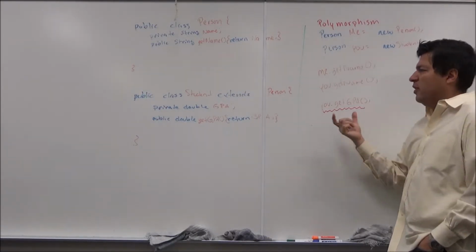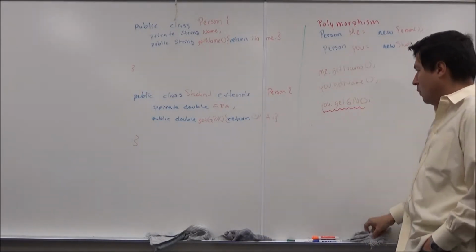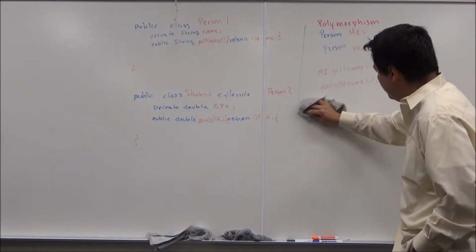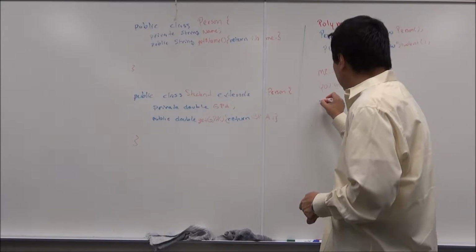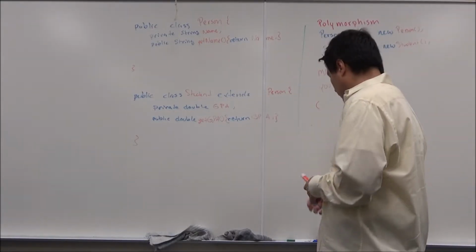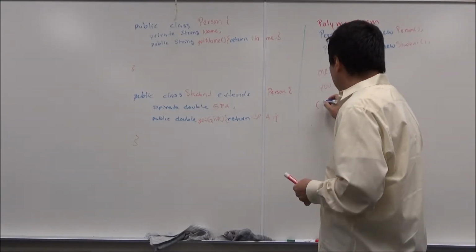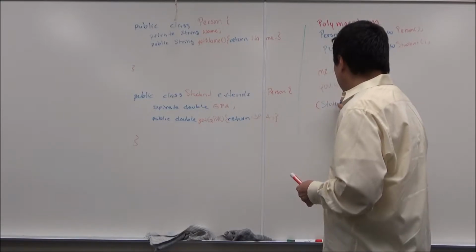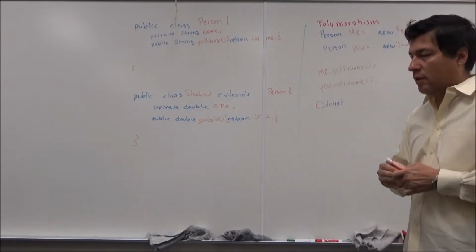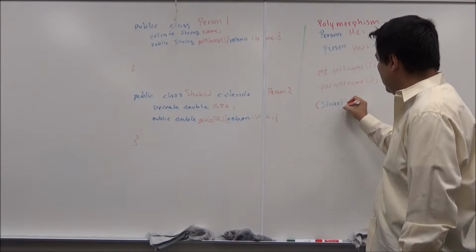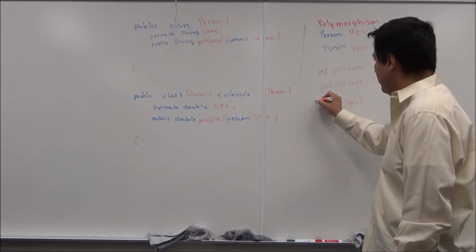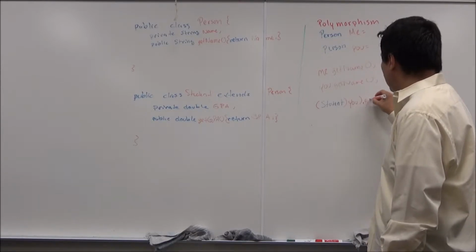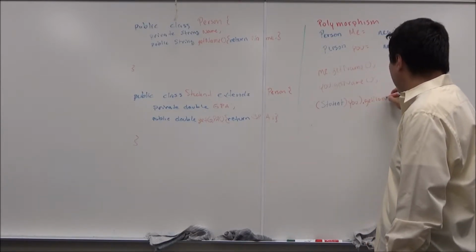But how do I convert this to that? Well, it's very simple. We can cast this by putting the type, right? I put parentheses, and that will work. I don't get an error.